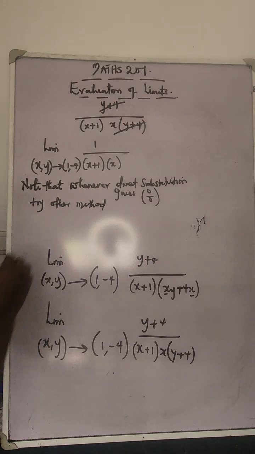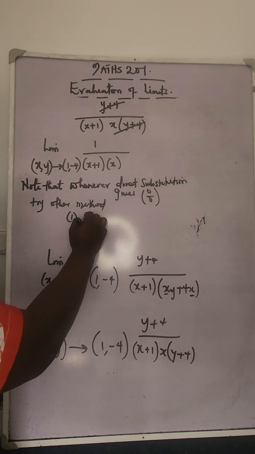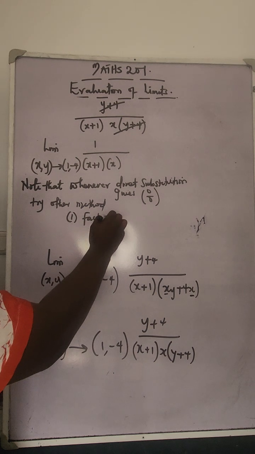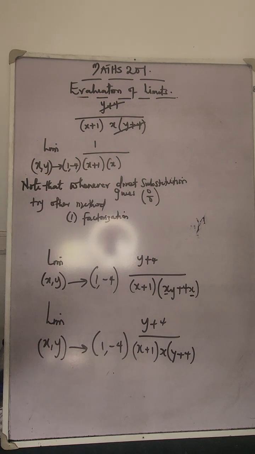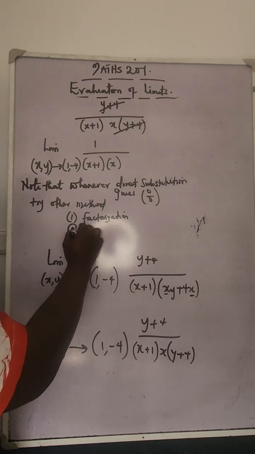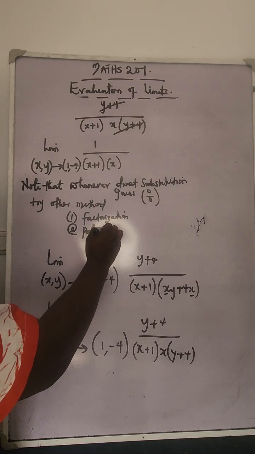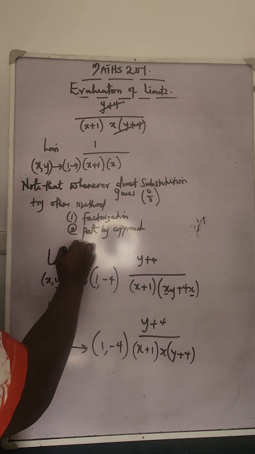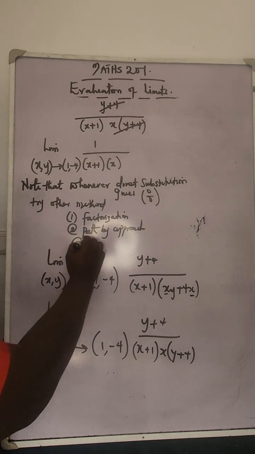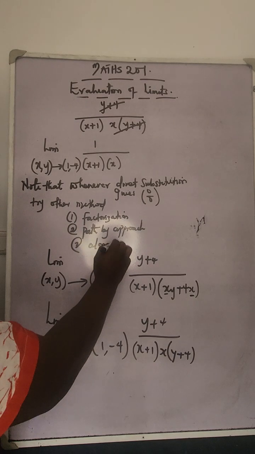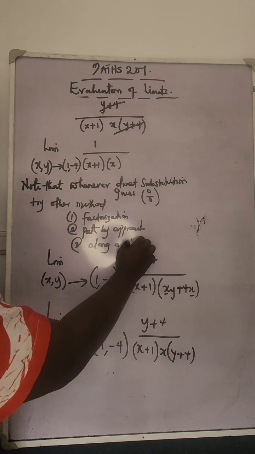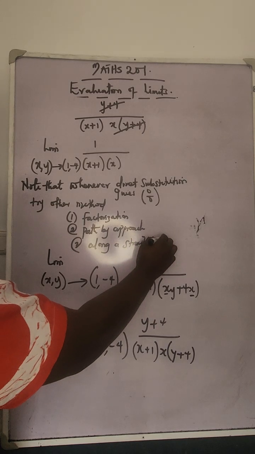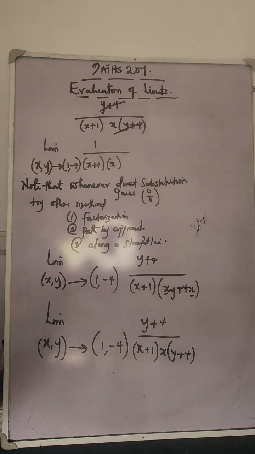And these methods include: you can try factorization, you can try path by approach, you can try along a straight line, you can try along a curve.